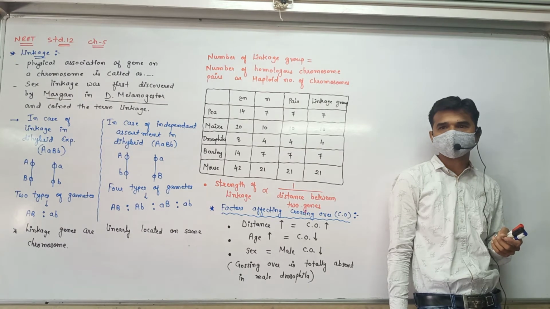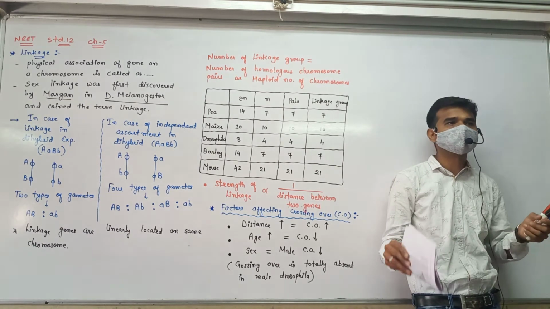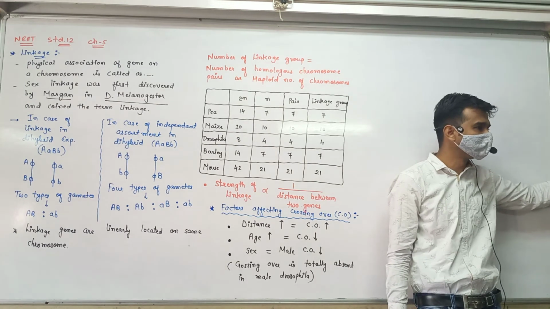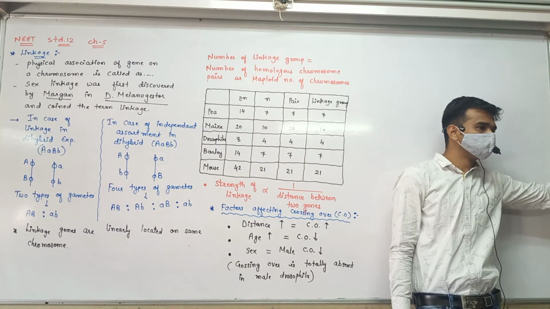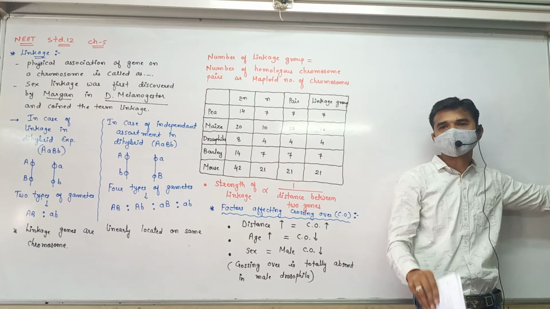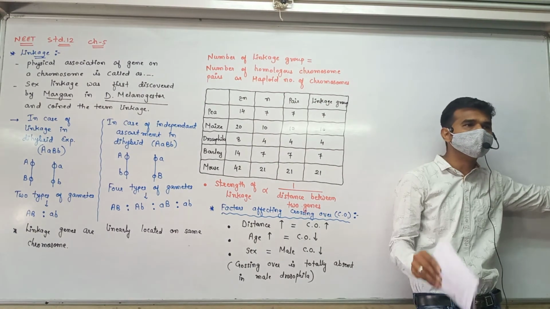Length of the chromosome is more, then more number of chiasmata. And this more number of chiasmata formation leads to more crossing over.